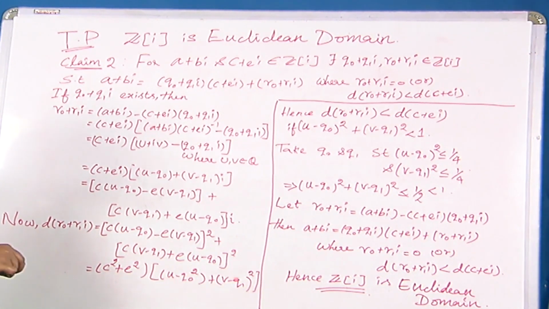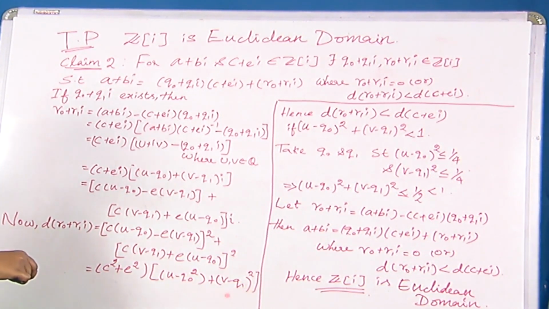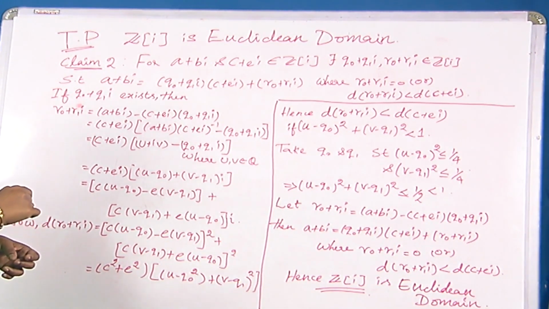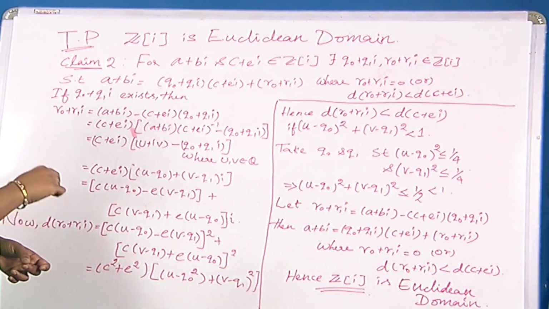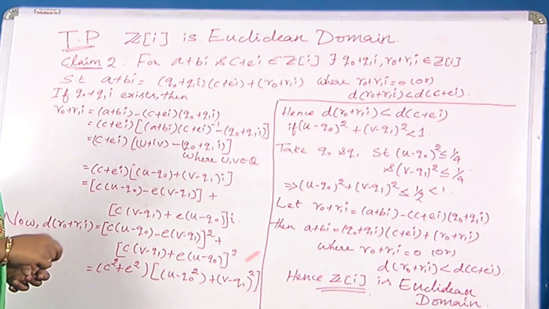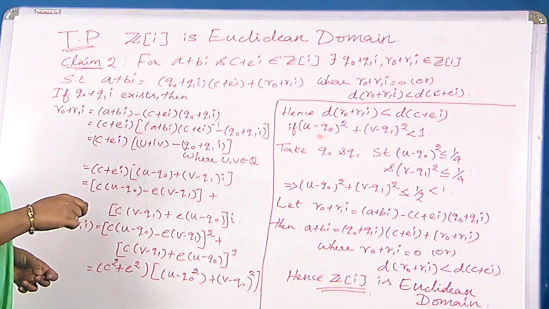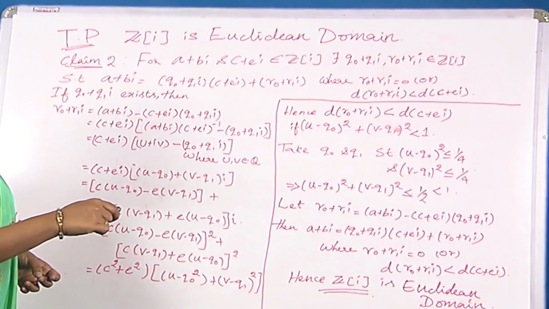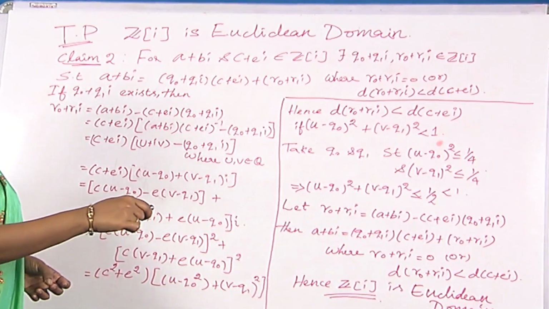So for that to happen, this term has to be less than 1. Therefore, from here we started with an assumption that q naught plus q1 I exists and we arrived here. So in order for this statement to be true, our q naught and q1 should behave in a certain manner, which is (u minus q naught) the whole square plus (v minus q1) the whole square to be less than 1.